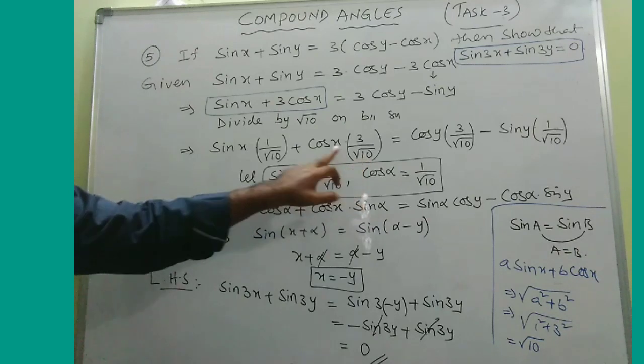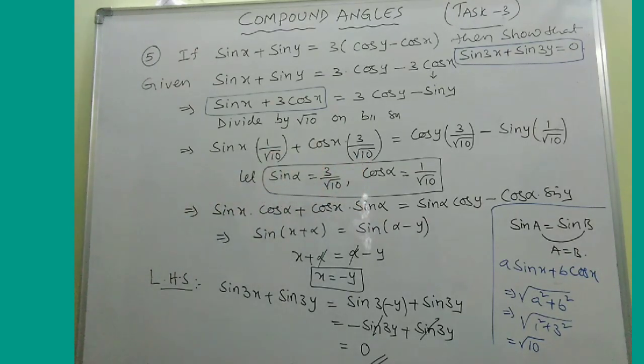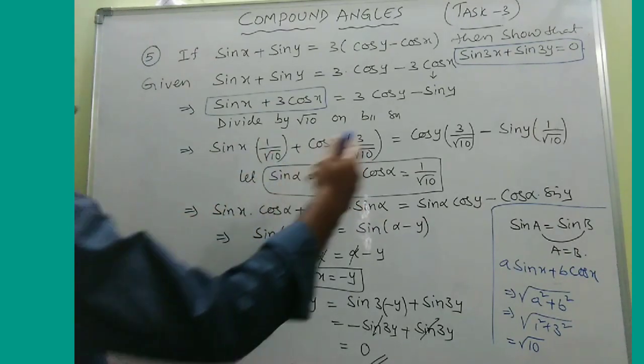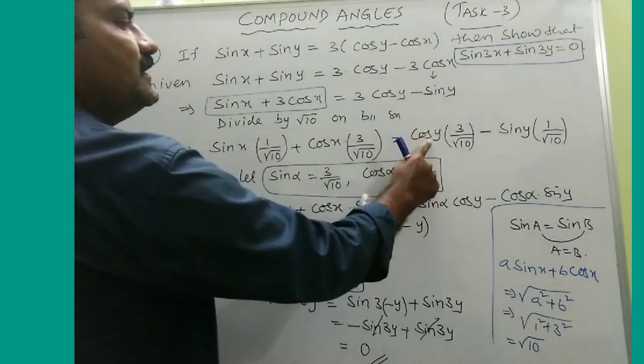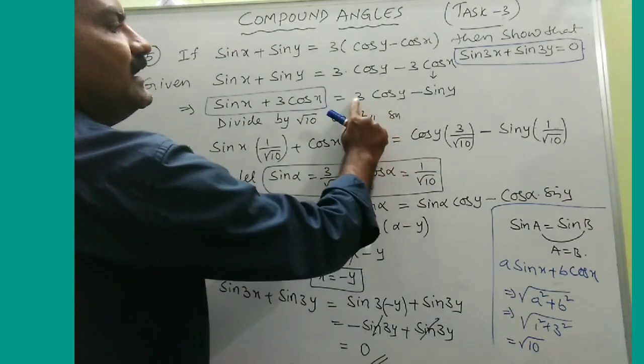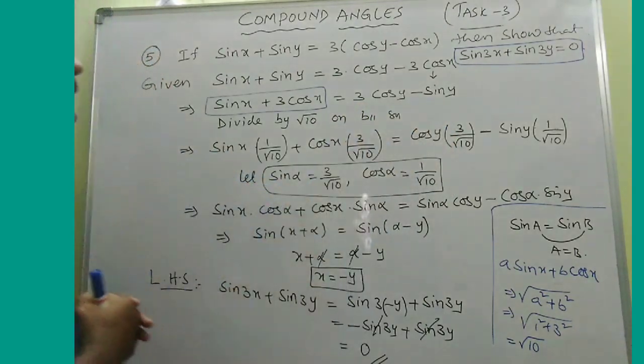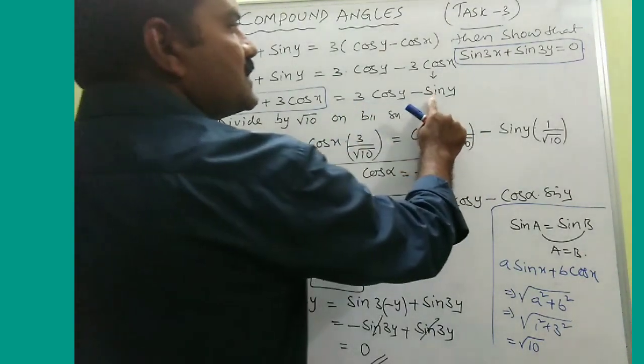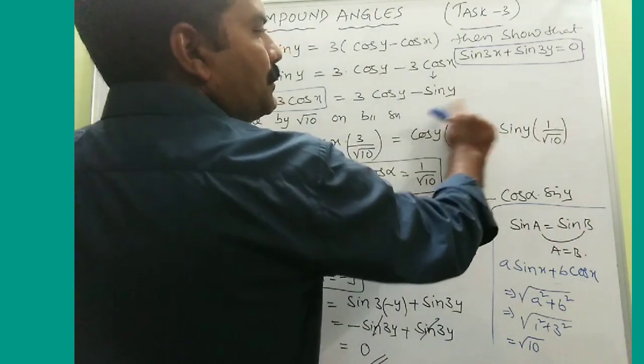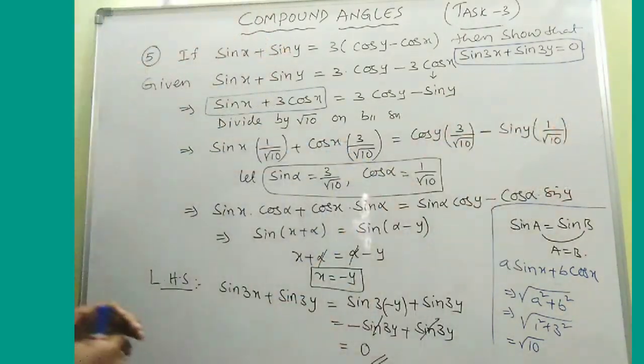Similarly, even on the right side, cos y into, after dividing by root 10, I want to write it as a combination: 3 by root 10 minus sin y by root 10, and by root 10 I want to write it as 1 by root 10.